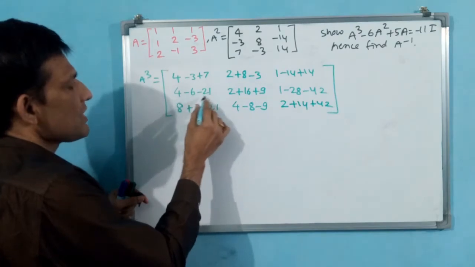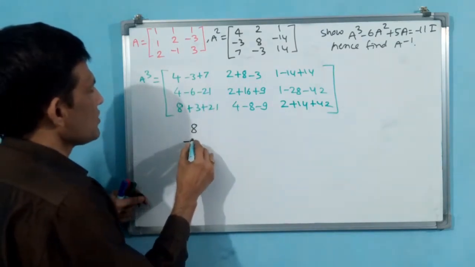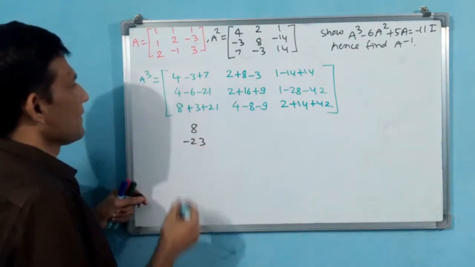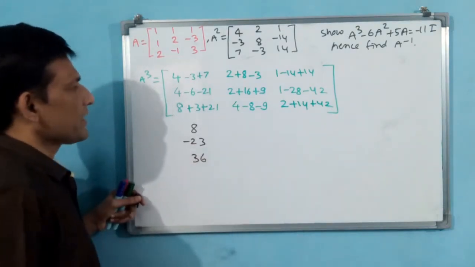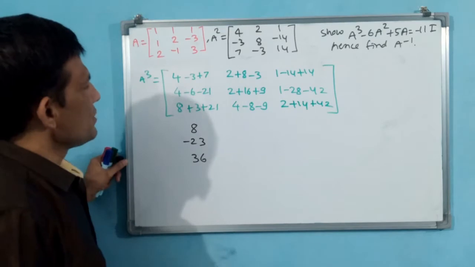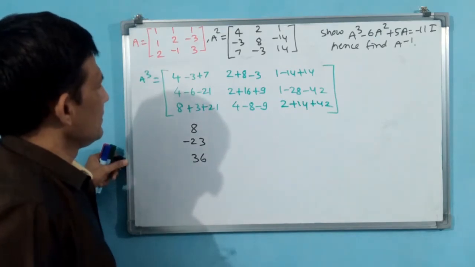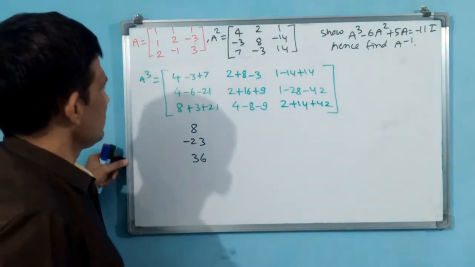Minus 27 plus 4, minus 23. 28 plus 8, 36. Is it okay? 28, sorry, 29 plus 2.